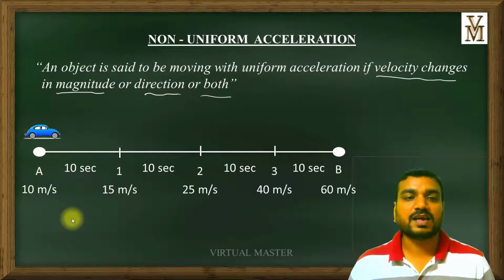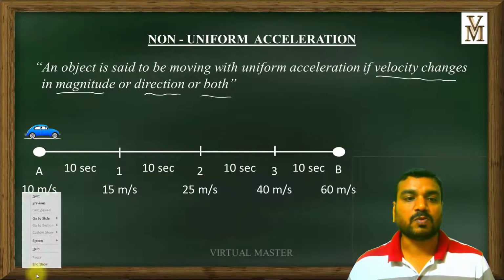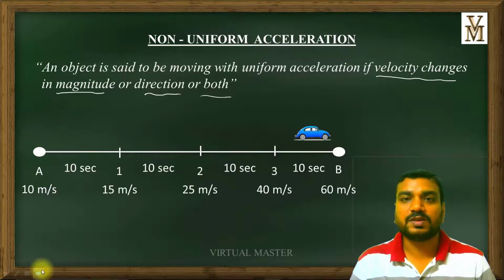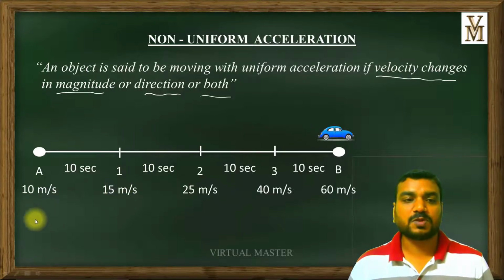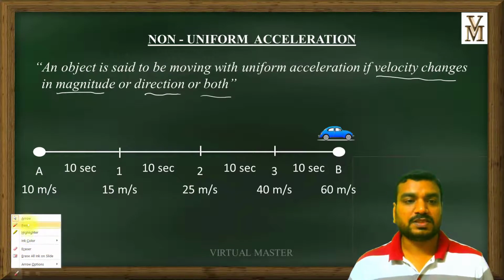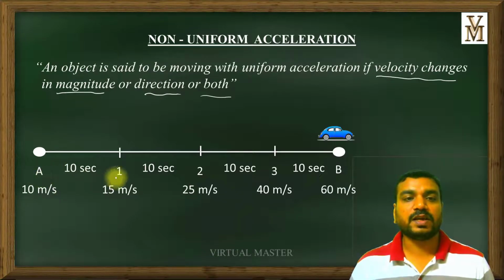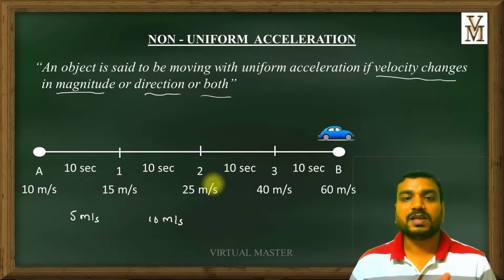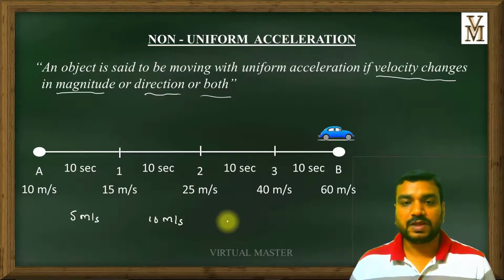Let us consider a car is moving from point A to point B. As you can see here, the car is moving from point A to point B. Now if you observe properly, the change in the velocity between point A and point 1 is 5 meters per second. Similarly, the change in the velocity between point 1 and point 2 is 10 meters per second. Similarly, the change in the velocity between point 2 and point 3 is 15 meters per second.